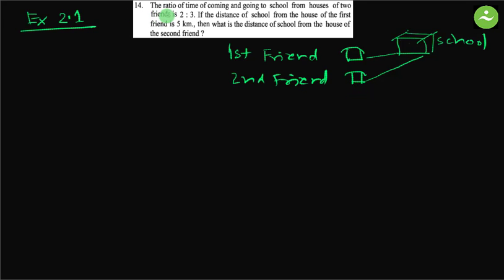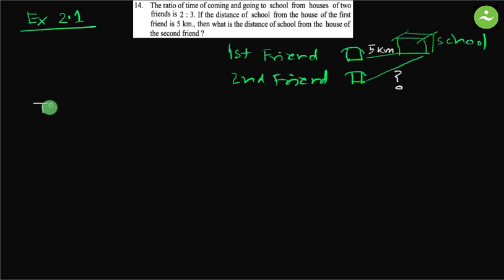The question says the ratio of time of coming and going to school from the house of two friends is 2:3. If the distance of school from the house of the first friend is 5 kilometers, then what is the distance from house to school of the second friend? The first friend's house is 5 kilometers, and we have to find out the distance of the second friend from school.